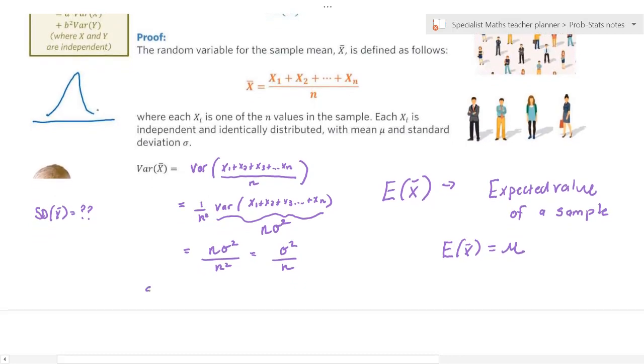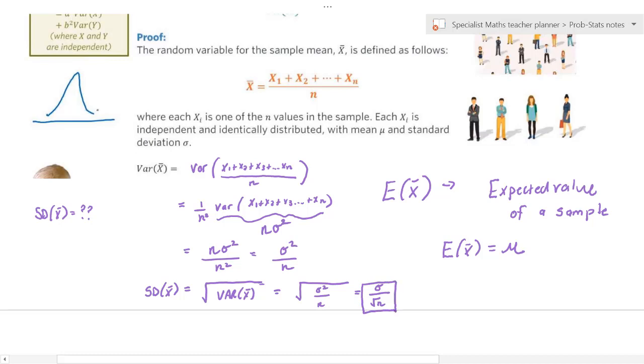Now, if I want the standard deviation of my sample mean, that is equal to the square root of the variance of my sample mean, which is the square root of sigma squared over n, which is equal to sigma over root n. And that is the most important thing that you can use now.